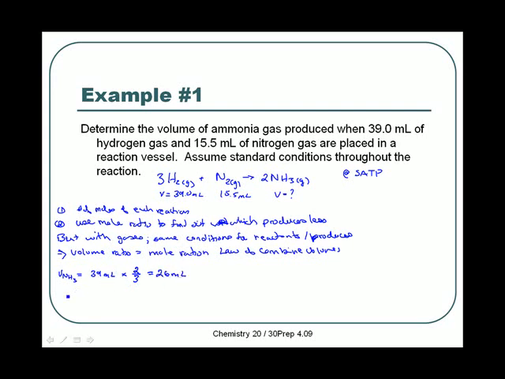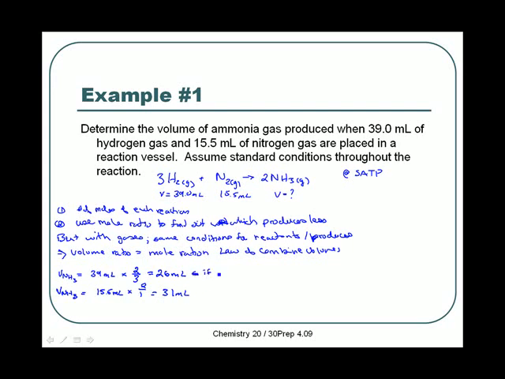If we check for nitrogen, there's 15.5 milliliters, and now our mole ratio is 2 over 1, so we're going to double it. Double that would be 31. So there's our two volumes.